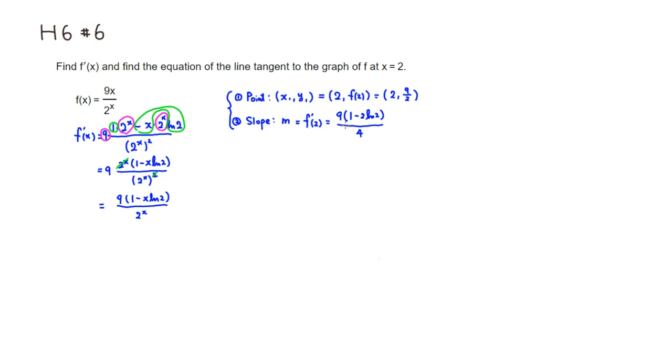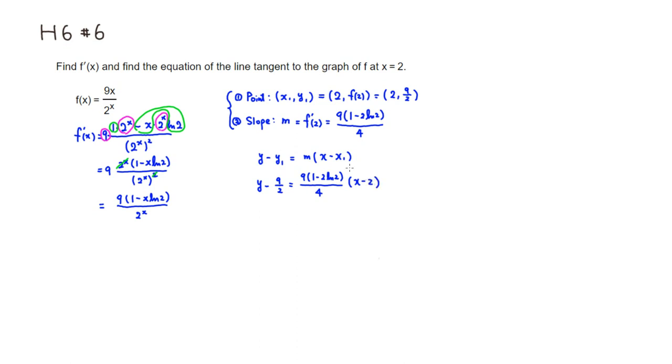Using the point-slope form, y minus y1 is equal to the slope m times the quantity x minus x1. So let's follow that. Here's y. y1 is 9 halves. And the slope m is 9 times 1 minus 2 natural log of 2 over 4, multiplied by x minus x1, which is 2.